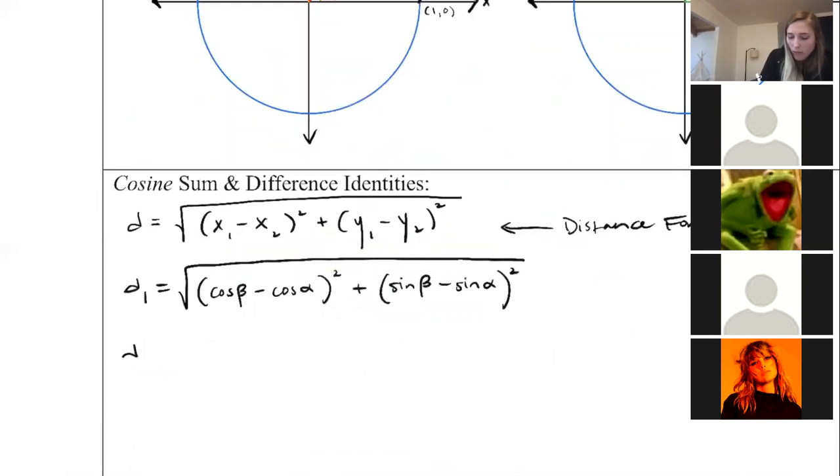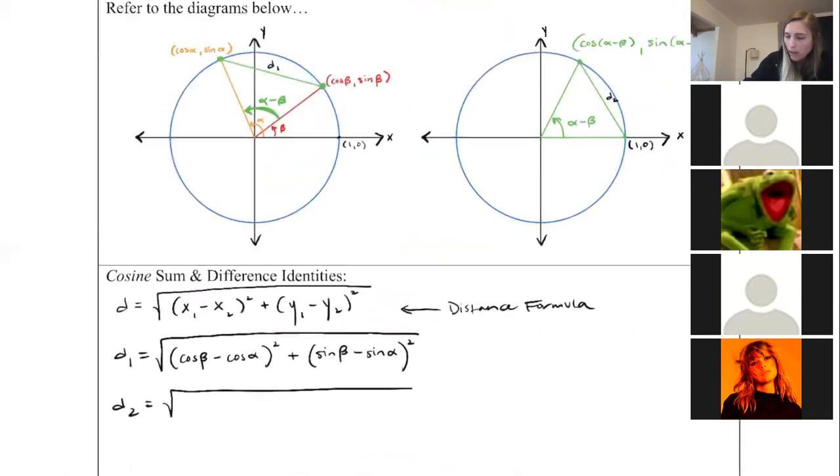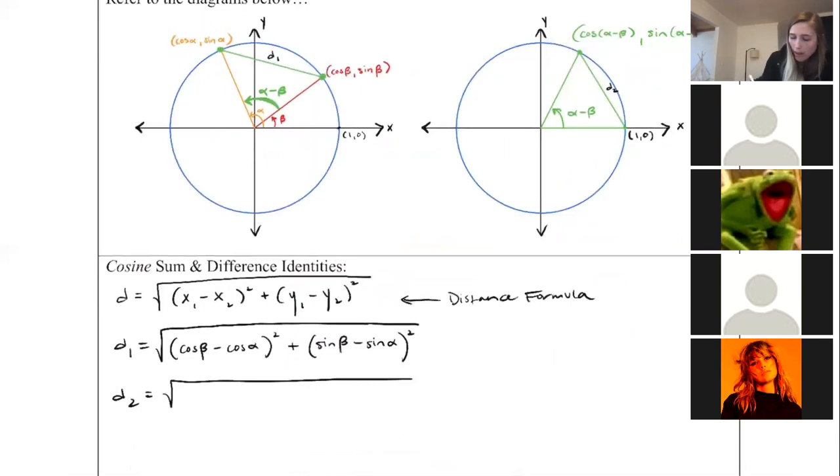And then d sub 2, referencing the second picture, would be the change in the x coordinate. So that would actually be 1 minus cosine of alpha minus beta, all squared, plus the change in the y coordinates, which would be 0 minus sine of alpha minus beta, all squared.